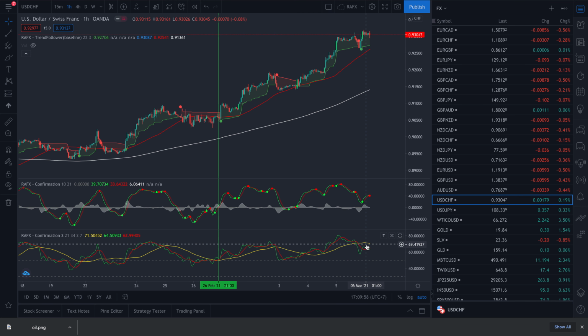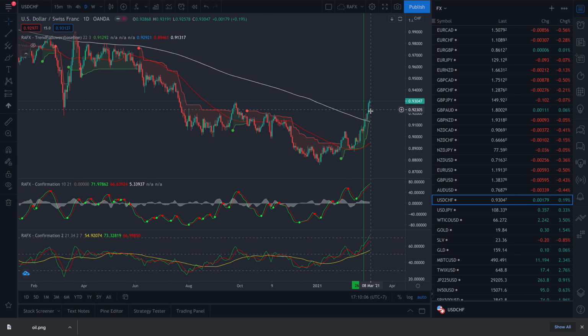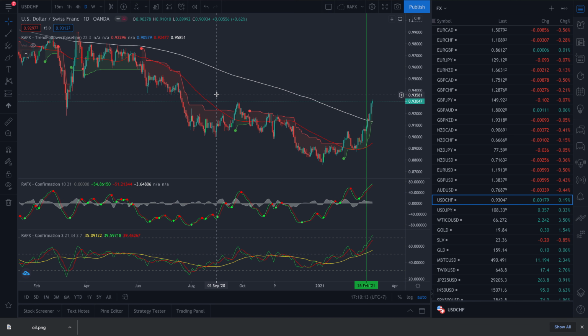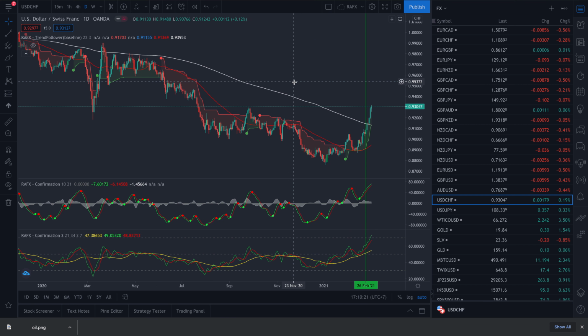So this should go back down here, and once it does, we will see a development that this price might go back down here as well. Once that happens, we will go into that trade. So this one is a good one, and for sure I will monitor this next week for a possible long trade.